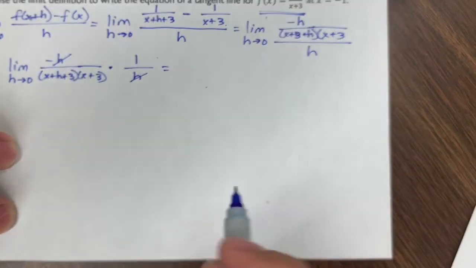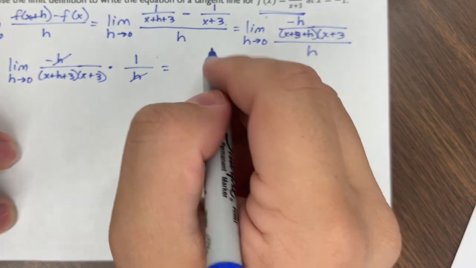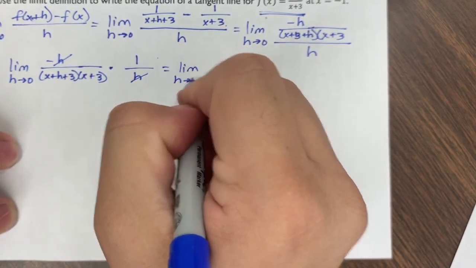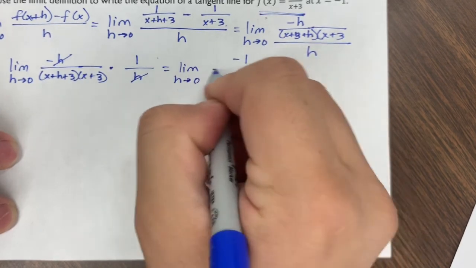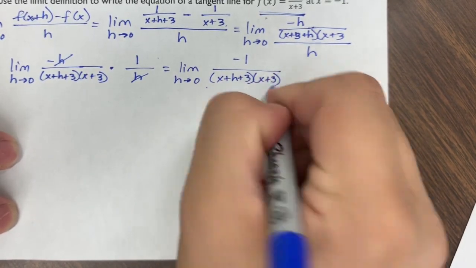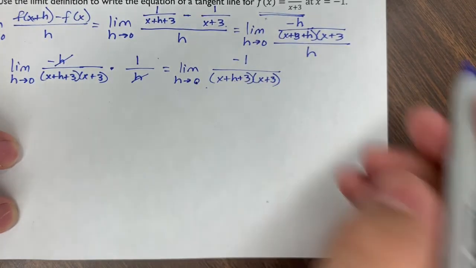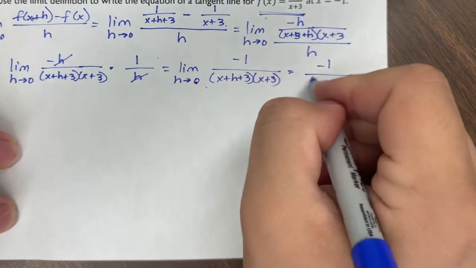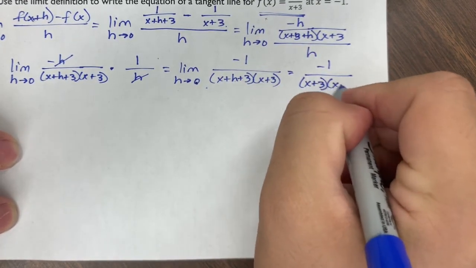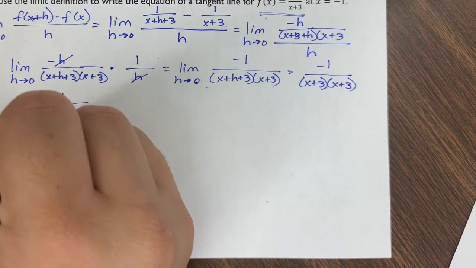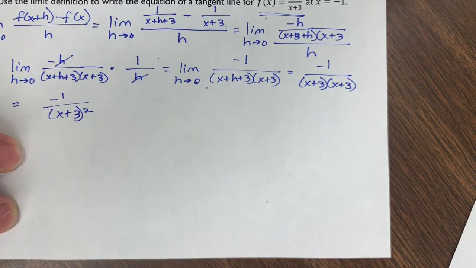The h cancels, and I'm left with the limit as h approaches 0 of negative 1 over x plus h plus 3 times x plus 3. If I plug in 0 for h, I'm left with negative 1 over x plus 3 times x plus 3, or negative 1 over x plus 3 squared.